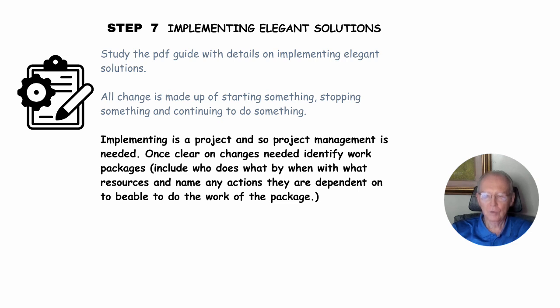And sometimes a work package might be dependent on another, that the other one has to be completed first. So for example, if you're putting stucco plaster on a wall and it has to be painted and your work package is painting, then the stucco has to be plastered on the wall and it has to dry out and be ready before you start your painting. So your painting is dependent on that. There's a lot more detail on this in the PDF guide to implementing your solutions.